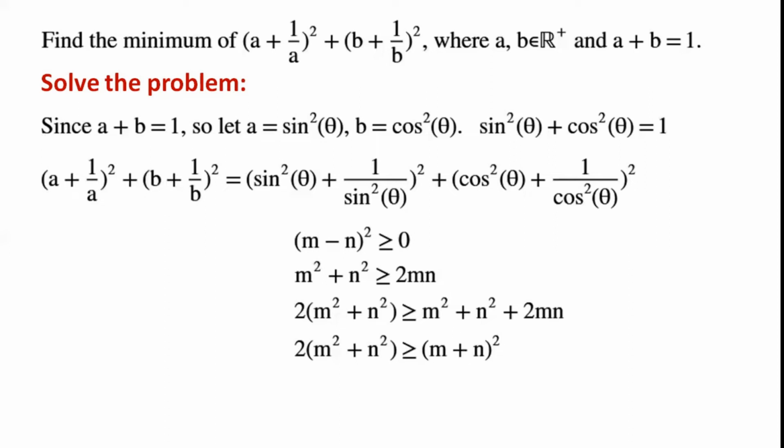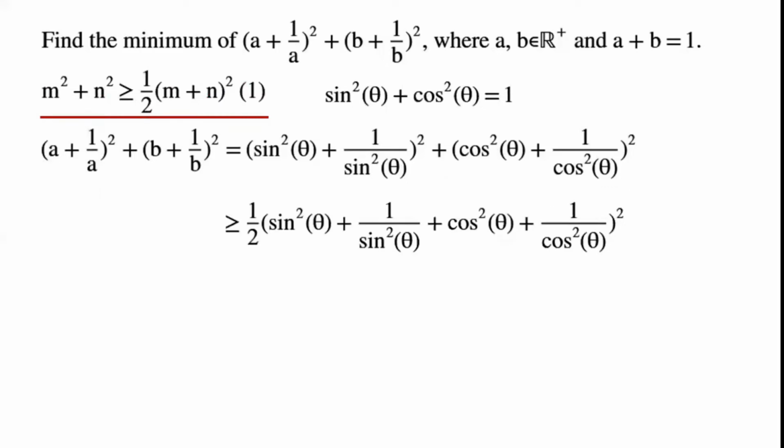The right-hand side can be written as (m plus n) all squared. By dividing by 2 on both sides, m squared plus n squared is greater than or equal to 1/2 times (m plus n) all squared.